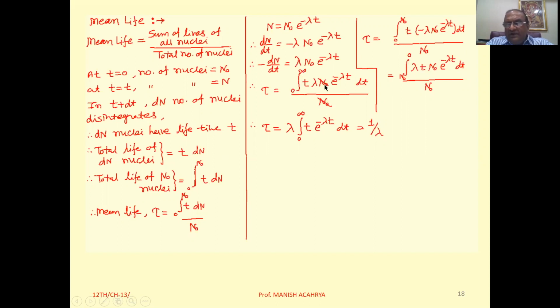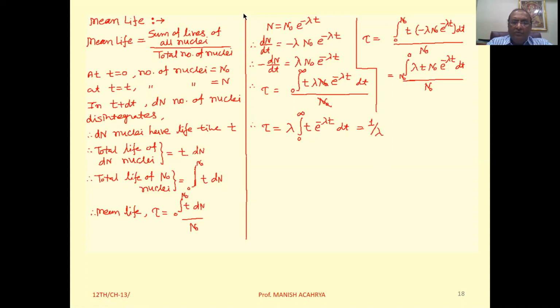Now n0 cancelled. So tau, that is lambda integration 0 to infinite t e raised to minus lambda t dt. Now, no need to solve this one. Answer of this one, that is 1 upon lambda. So tau, that is equal to 1 upon lambda.